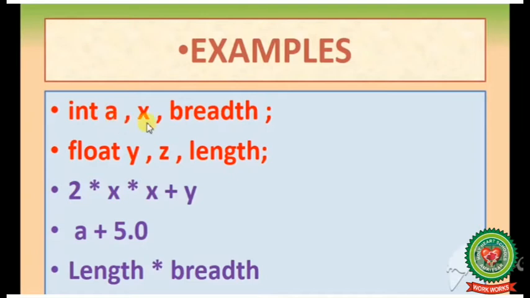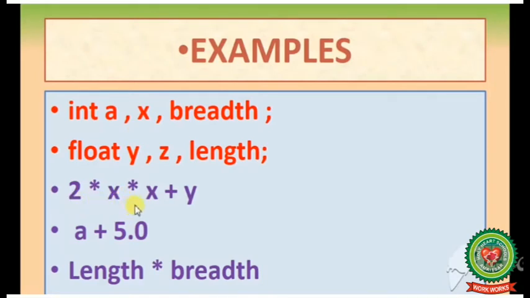So a, x and breadth are variables that have the data type integer. Float y comma z comma length. So y, z and length are variables of float data type. Now we will combine both these data type variables to make the expression.